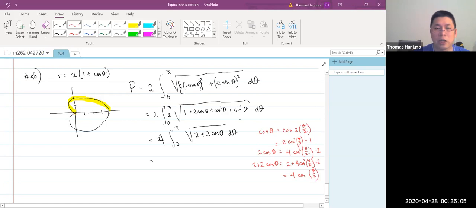Such that under the square root, it becomes the integral from 0 to pi of, oh, no, not 4, it becomes 2 absolute value of cosine theta over 2. I just try to be a bit careful that my domain might include something that makes the cosine negative.